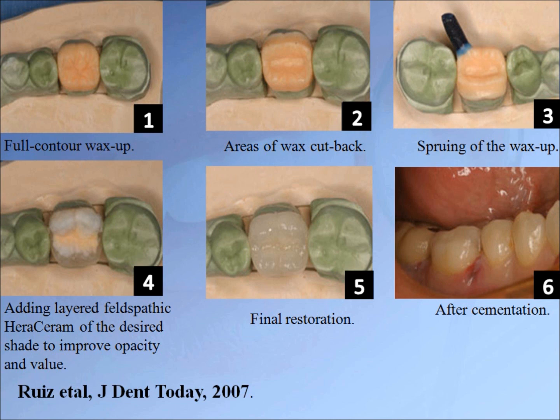A heavily pigmented surface stain is typically applied. The ceramic ingots are relatively translucent and available in different shades, so staining for hot-pressed ceramic inlay and onlay restorations is typically minimal.